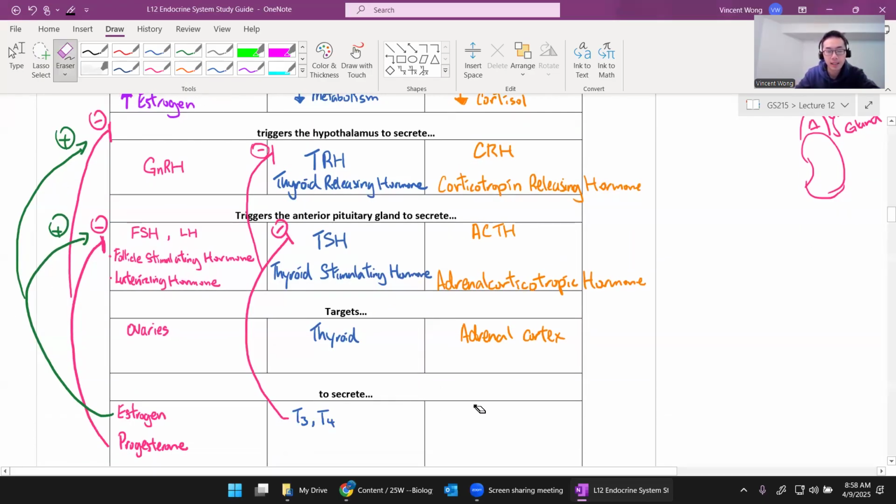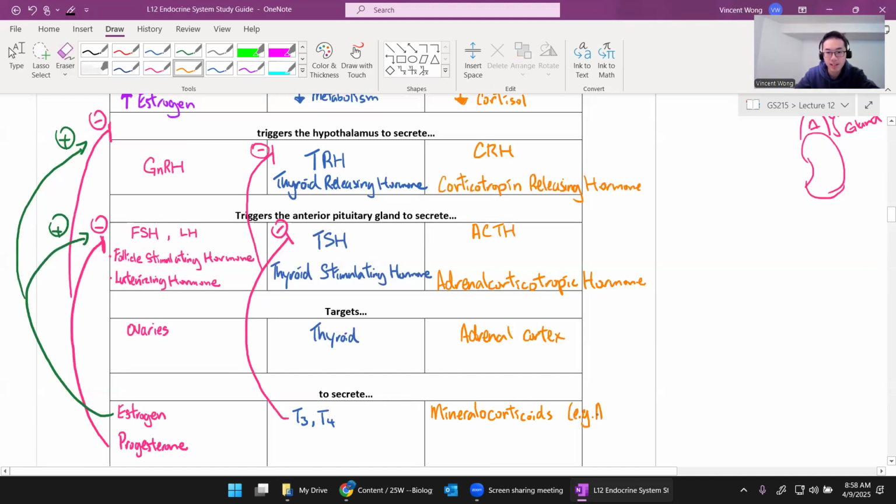And then it's going to trigger the adrenal cortex to secrete two groups of hormones. The first one is called mineralocorticoids. These are steroid hormones that help you maintain minerals. There are different ones.